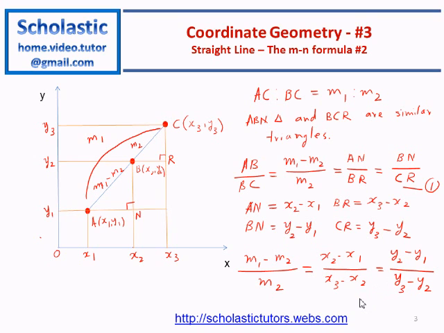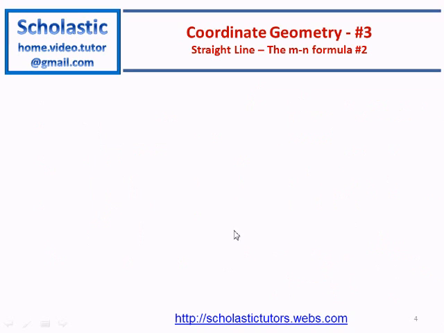So we have two sets of equations here, basically one set and this one another set. What we need to do is to find x3 and y3. Let's see how we can do it. For the first part, M1 minus M2 divided by M2 equals x2 minus x1 divided by x3 minus x2.